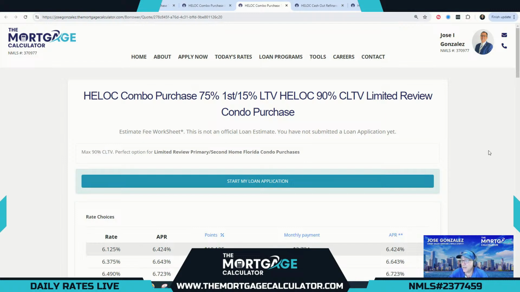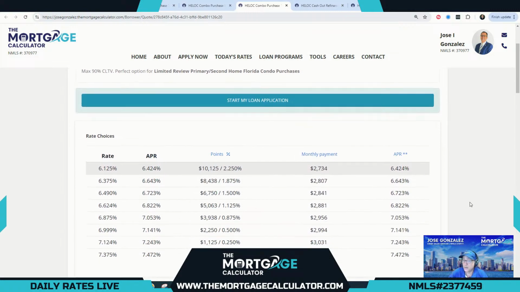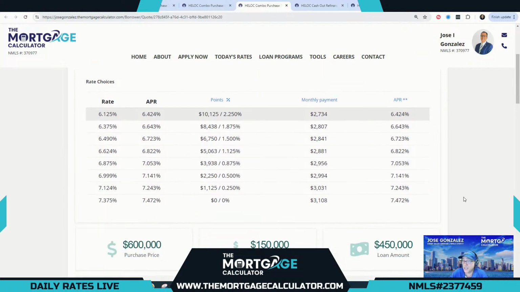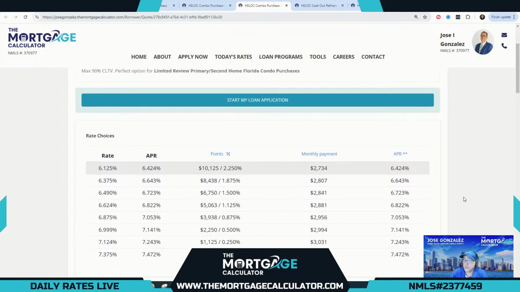Right, so you will have loan level price adjustments on the first due to using a HELOC combo, but again, you're saving a big amount in the down payment. In this scenario here, our borrower is saving $90,000 in down payment. So 7.375 is our lowest cost option at par, and you can buy that down to 6.125.